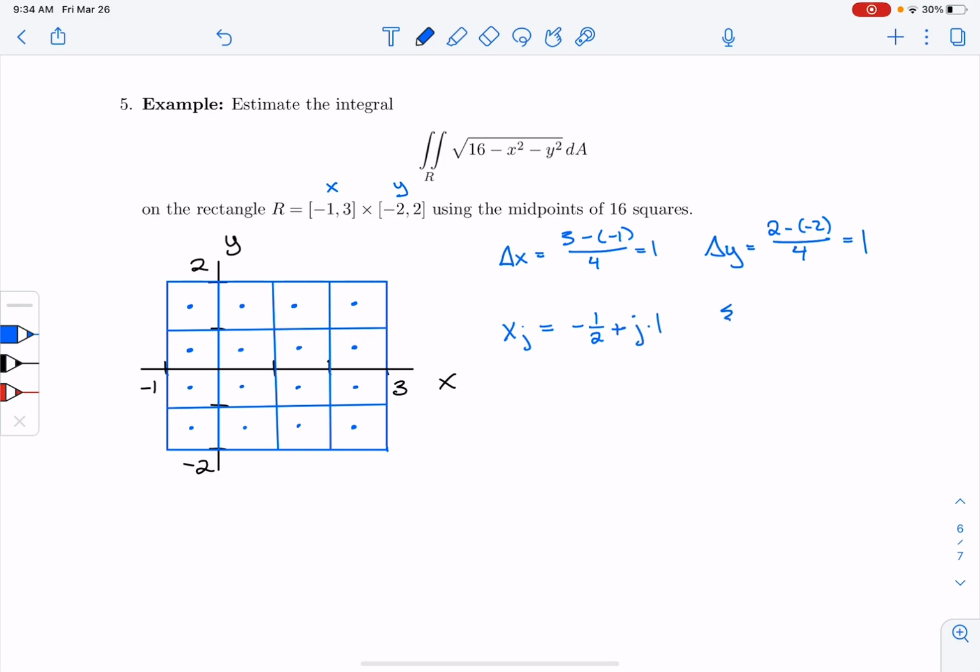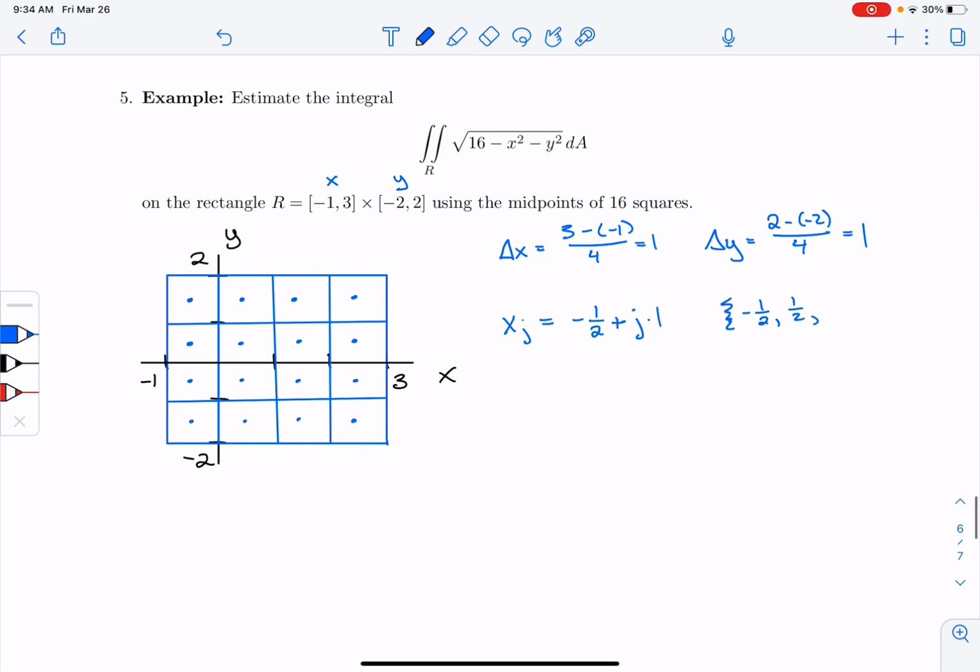So the midpoints, if I just list them for x, are going to be -1/2, 1/2, 3/2, and 5/2.